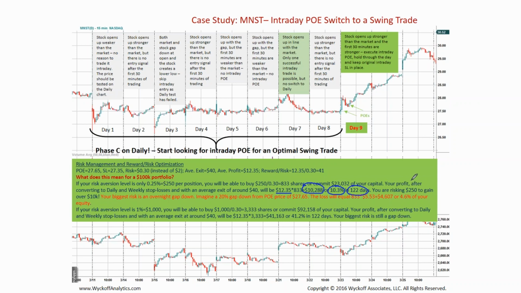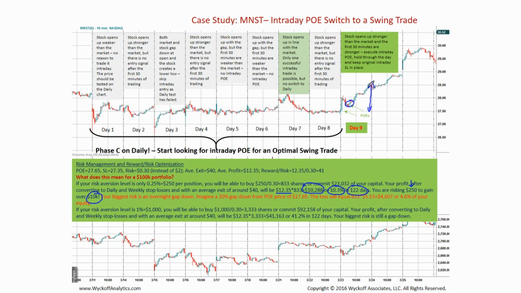We are risking basically $250 to gain $10,000. Think about that. We are risking $250 to gain $10,000, and that is only happening because your sizing here is different than your size for the entry on the daily basis.